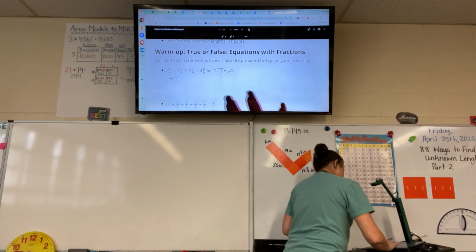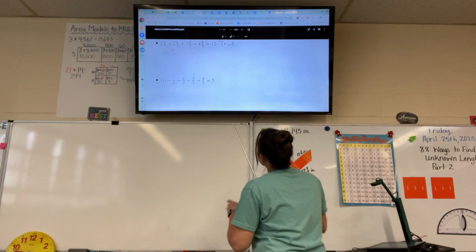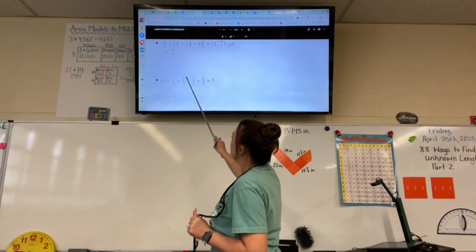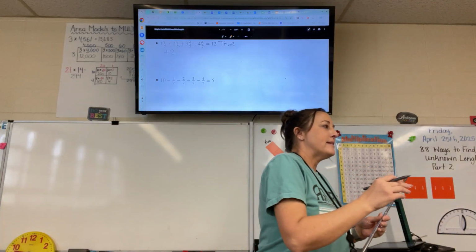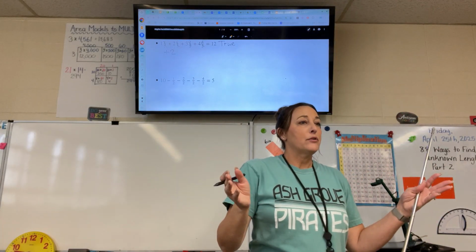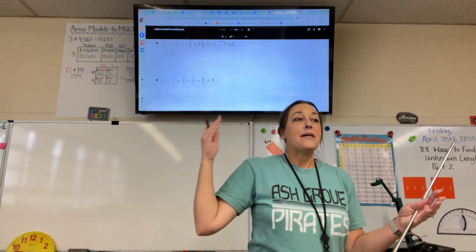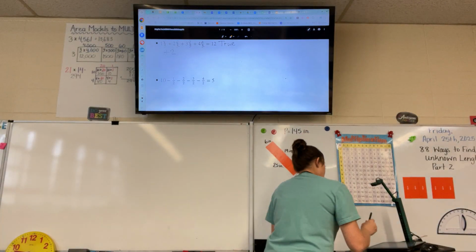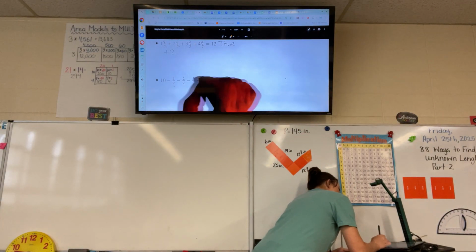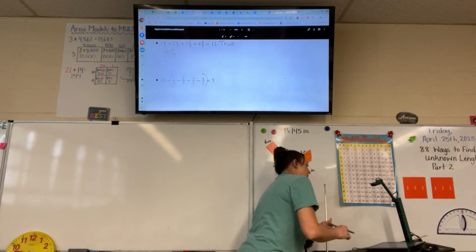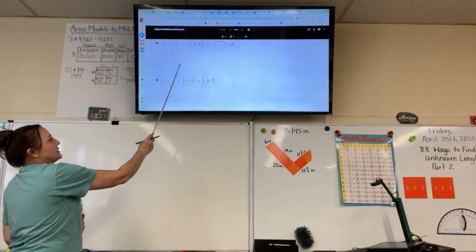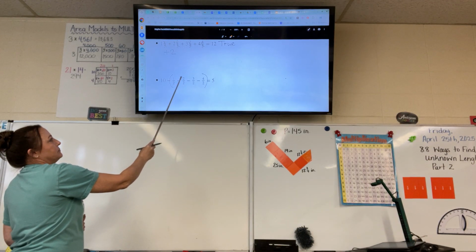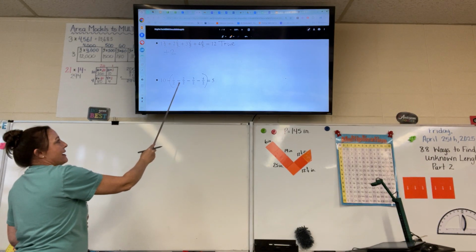Okay, the second one starts with a whole number and subtracts a bunch of fractions. So instead of doing it like that, I'm going to add up all the fractions first and then just subtract one time. So if I have 1/2 plus 2 halves, what would that be? 3 halves.